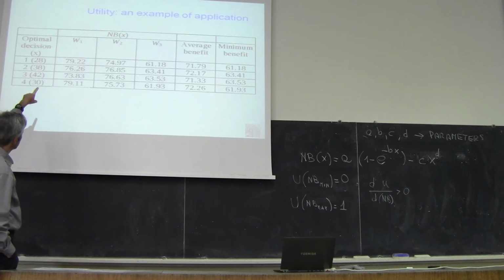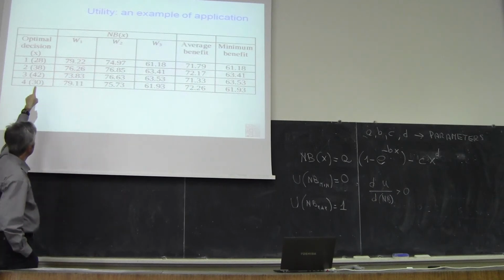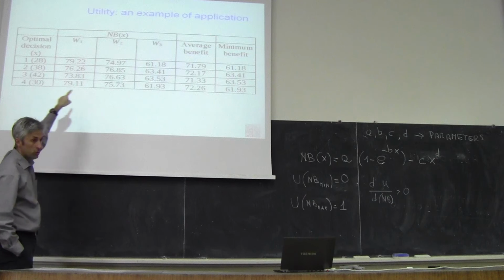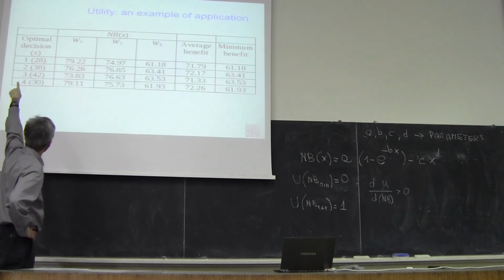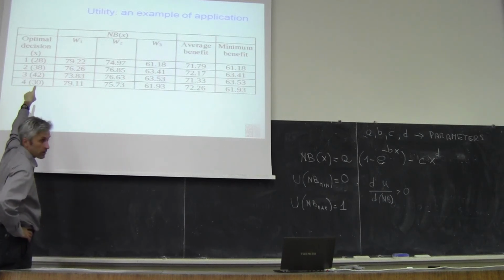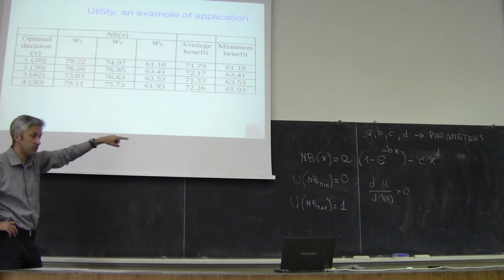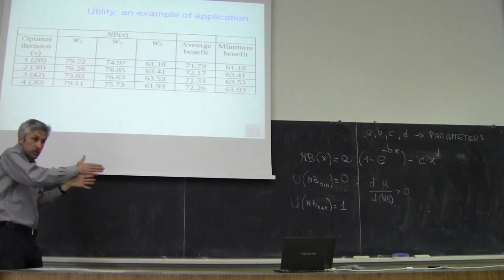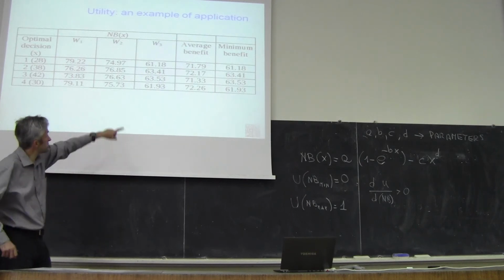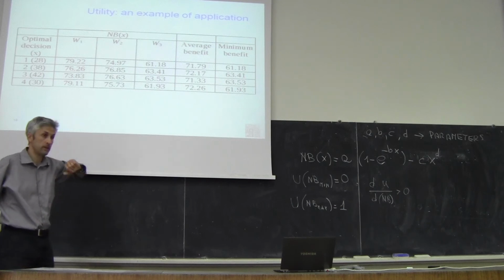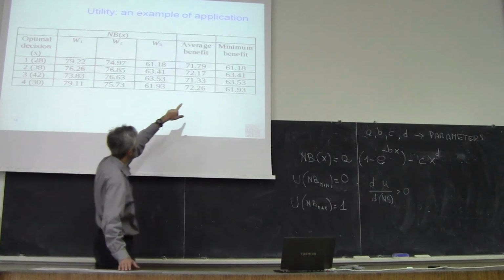And you see the three benefits in the row of x1, which is equal to 28. You see the three benefits computed according to the three benefit functions that you get by using each parameter vector. And this is the average. And also I put there the minimum.